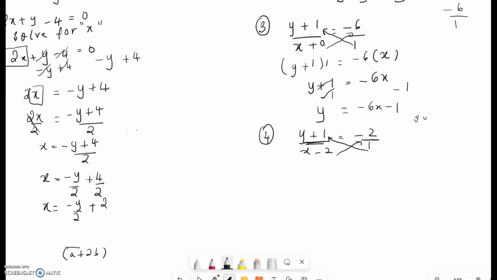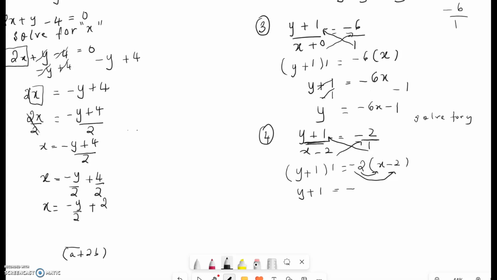Let's say the question is the same thing, solve for y. So you have y plus 1 times 1 is equal to negative 2 times x minus 2. So this is y plus 1 equals negative 2 times x, negative 2 times negative 2.